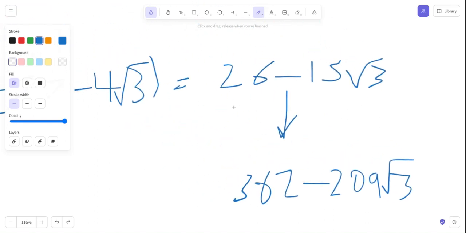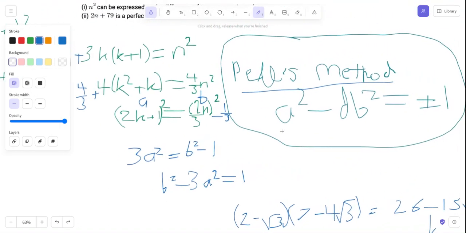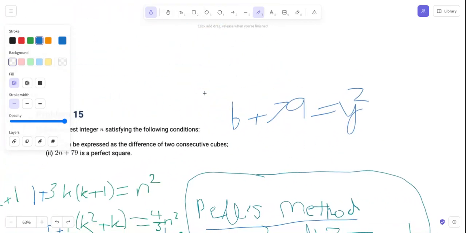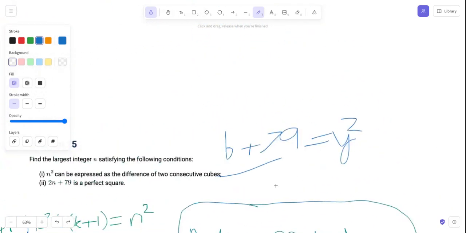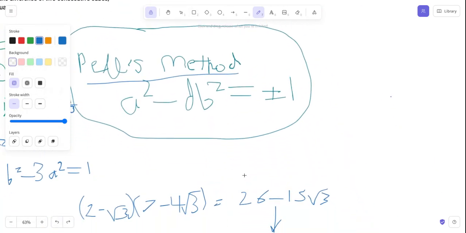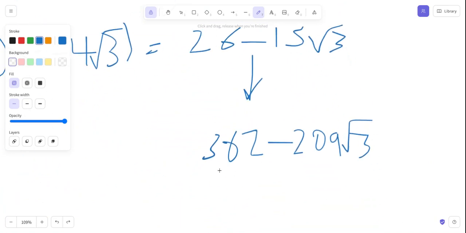So if we test both of these, all we have to do is add 79 to the first term to see if it's a perfect square. 79 plus 26 is 105, which does not work. Okay, let's test this one.